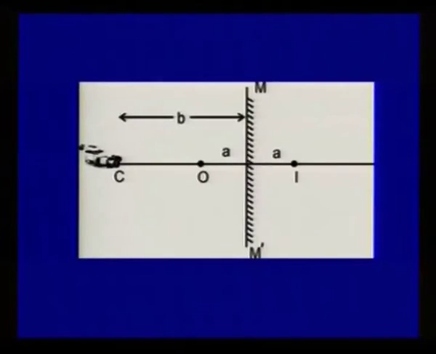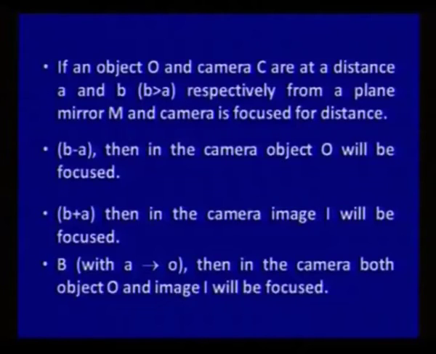The important fact about it is, if the distance of the camera is focused for B minus A, then in the camera only object O will be focused. Okay.